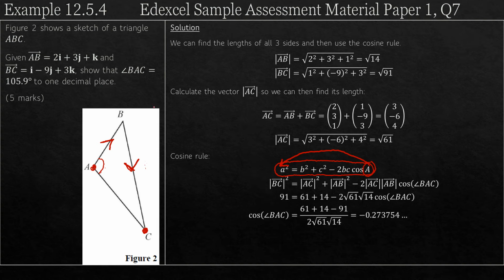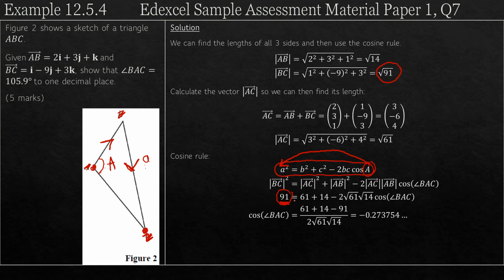But if these had different names, then still just think of that as being angle capital A, and this is side small a. So this was our side BC, and it had length root 91. So the most important thing is that the 91, which comes after you've squared it, is the one that's over here. The other two can go either way around, but the 91 must be there.